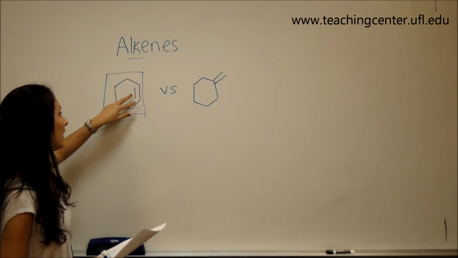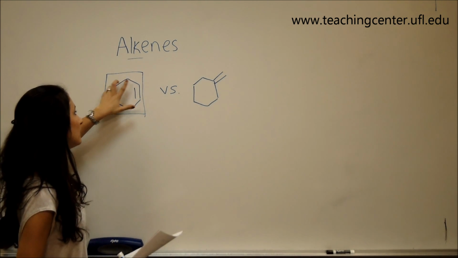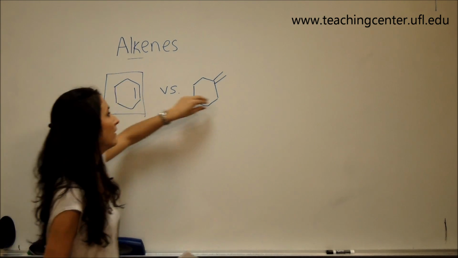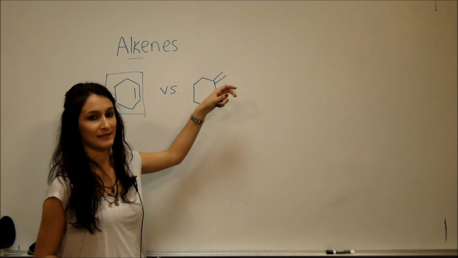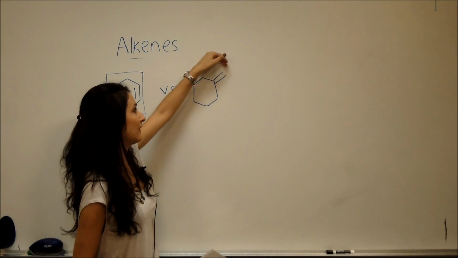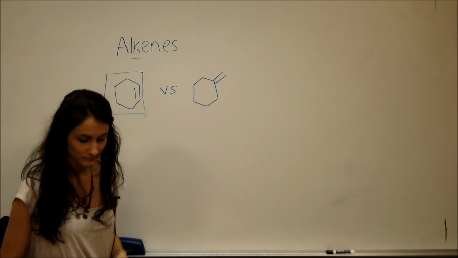And basically, this area of electron density is going to be shielded by these carbons that are surrounding it, whereas here you have this area of high electron density without anything shielding it, basically.